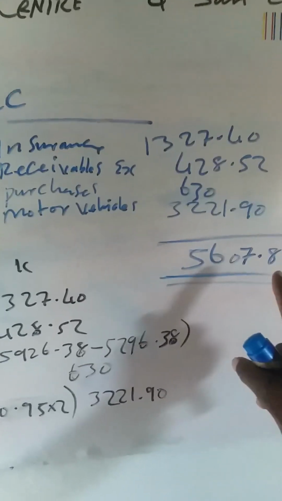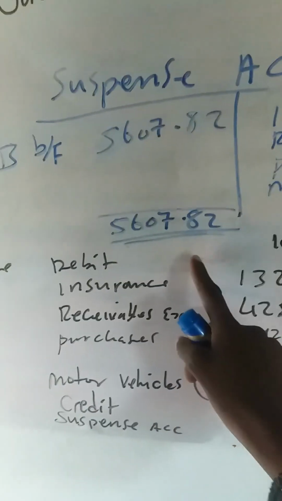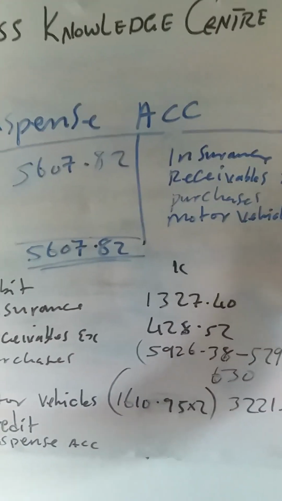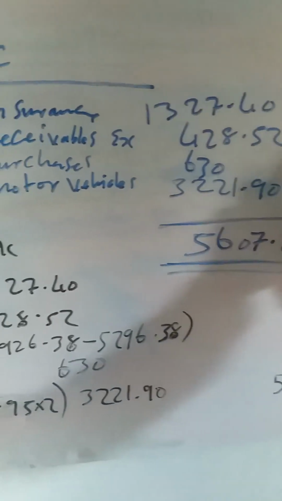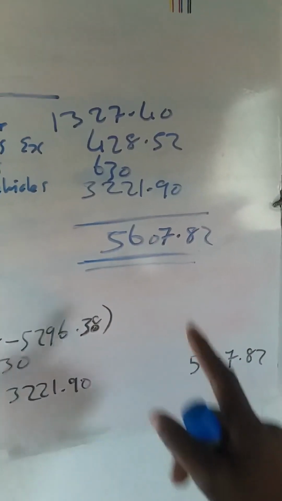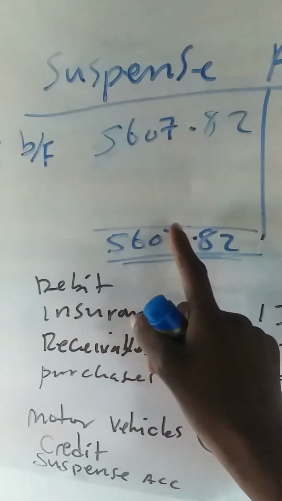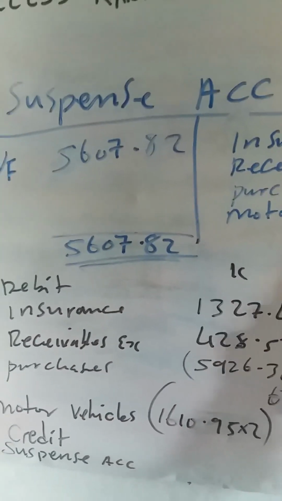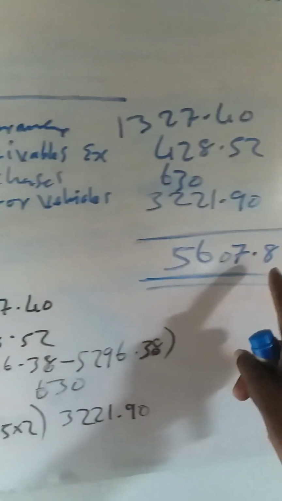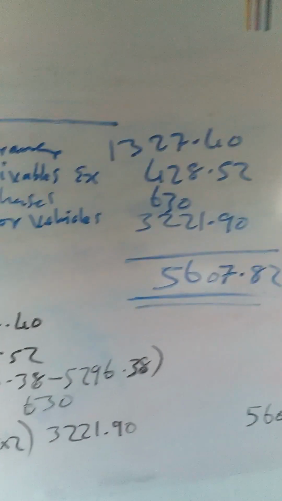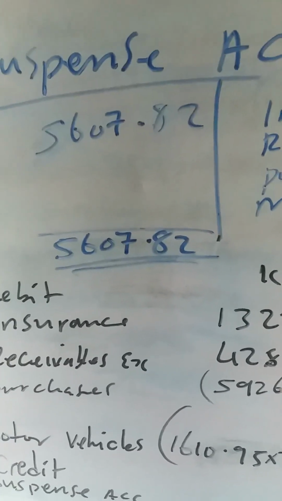Then in the end, it has balanced with the same figure, which was our problem there. By doing this, it's a sign that we've sorted out all our problems and the suspense account is closed, because we've managed to discover what was causing the problem in the books of accounts. So I've closed the account, balancing here, and it has balanced with the single items there. So even when you do it there, it should actually balance.